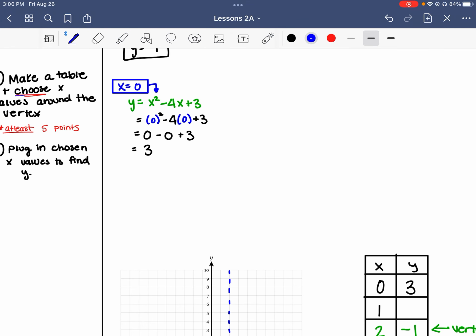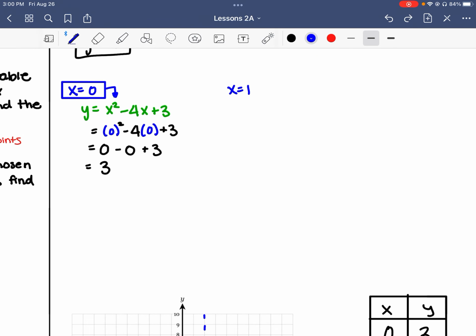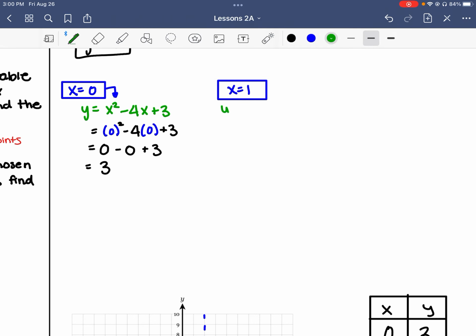Okay, easy enough. Now I'm going to do when x equals 1, because it's our next chosen value. So again, y equals x squared minus 4x plus 3.